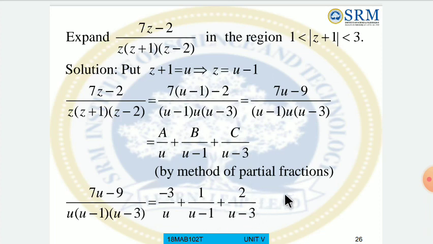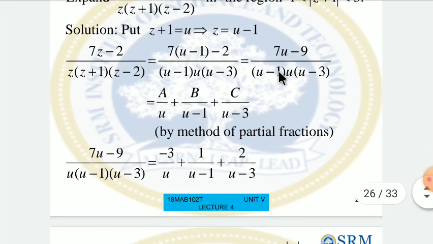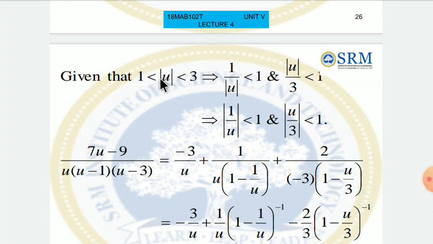Now once we have this in terms of u, how to expand with the help of binomial expansion? You already know the binomial expansions are valid only when mod z is less than 1. Here the region is 1 less than mod z plus 1 less than 3. We consider z plus 1 as u. So from this we can first find the region of convergence: 1 less than mod u less than 3, because z plus 1 is u.